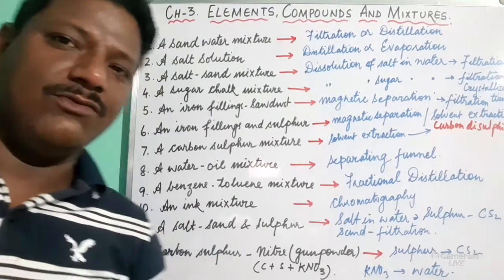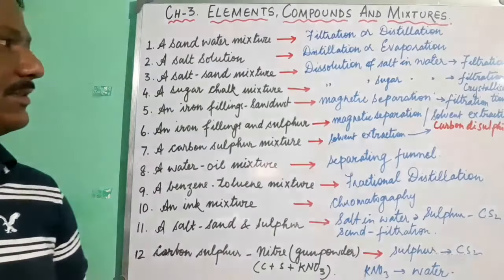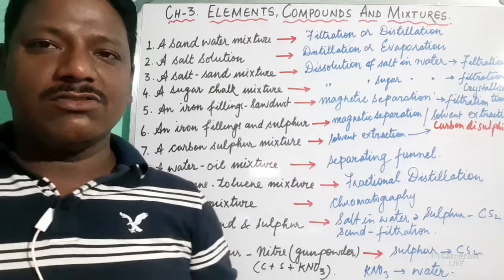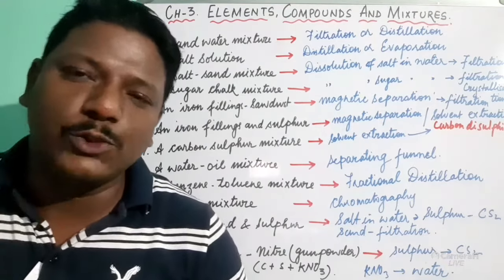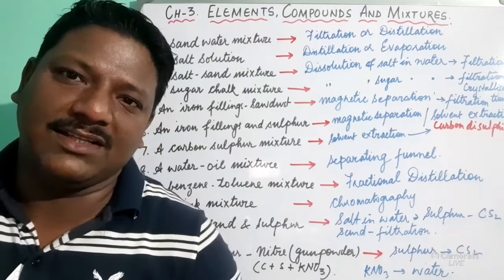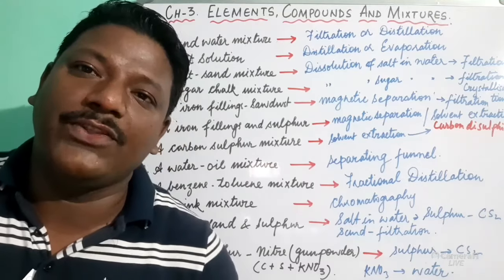The next mixture we see is the sugar chalk mixture. Sugar and chalk. Here also the sugar is soluble in water. So you can put water and all sugar will dissolve. Of course, yes, you are correct. It is dissolution, so dissolution of the sugar.